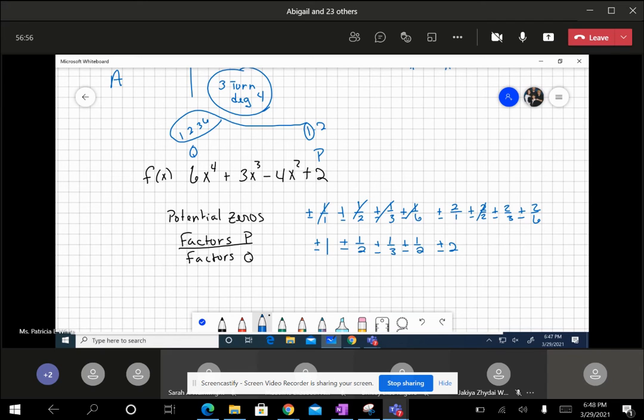And 2 over 2 is just another 1, so I don't need to use that one. 2/3. And then 2 over 6 is 1/3, which I already have, so I don't need to use that one.